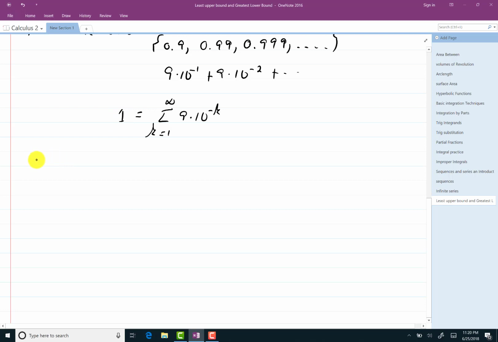So let's put it this way. Let S be a non-empty set of numbers.